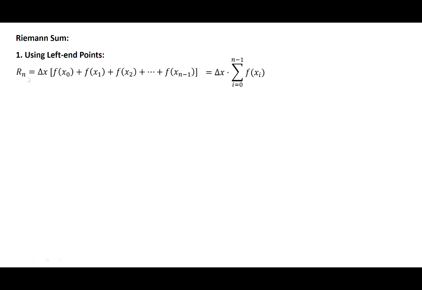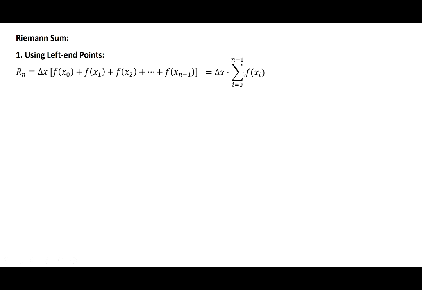And we can write this in sigma notation. That's why I had to introduce sigma notation. Delta x times, instead of writing this big long thing, we can use a concise sigma i equals 0 to n minus 1 of f of x sub i. Is that true? Let's check. Take i to be 0 to begin with.